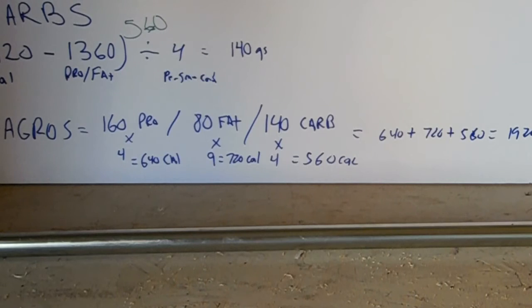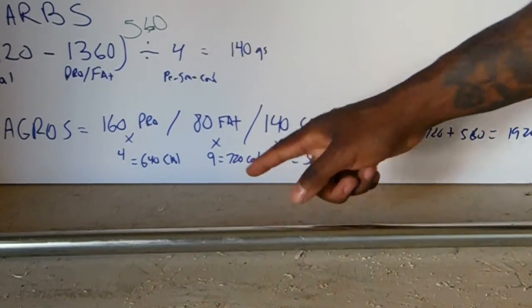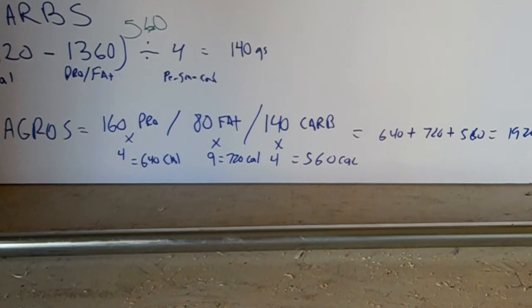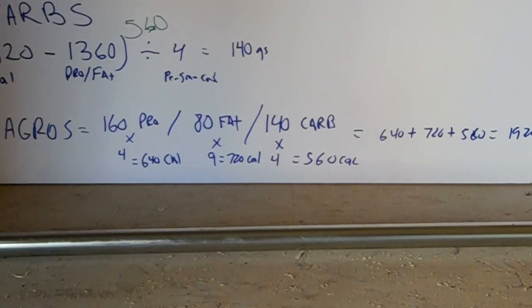So you take your 140 grams of carb, multiply it times 4, and you get 560. And what you're going to do is add those numbers up. So 640 plus 720 plus 560 equals 1,920, which is your allowable calories for the day.